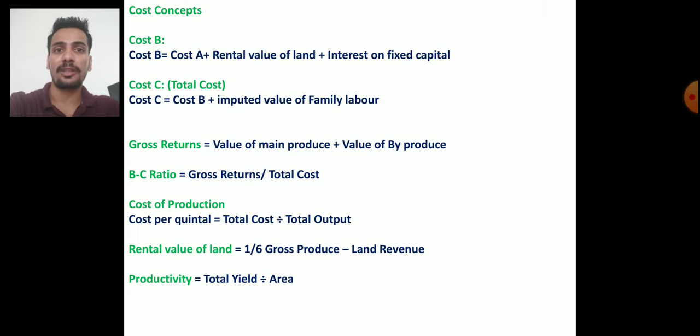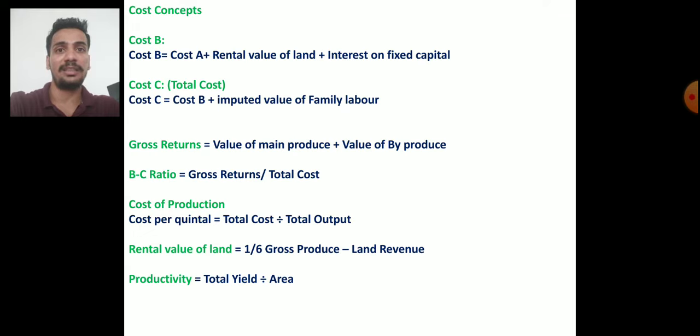So cost of production is cost per quintal of produce. So how to calculate cost of production? Cost per quintal is equal to total cost divided by total output. So it will give you how much cost is incurred for production of 1 quintal.